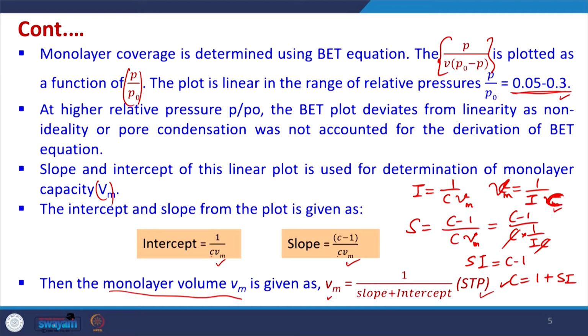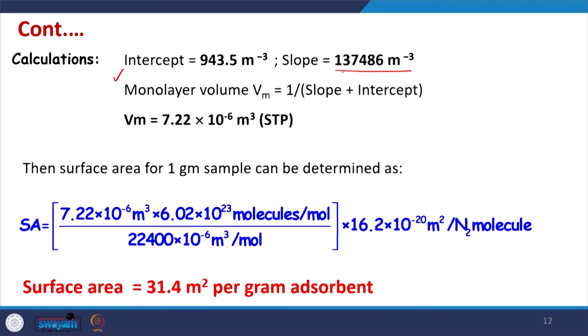The same is being done here: 1 by slope plus intercept, because both have the same unit per meter cube, and because 1 by this is being done, the overall unit becomes meter cube. So, Vm is 7.2 into 10 raised to minus 6 meter cube.